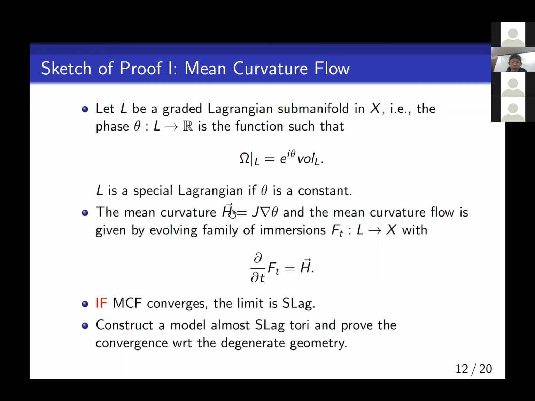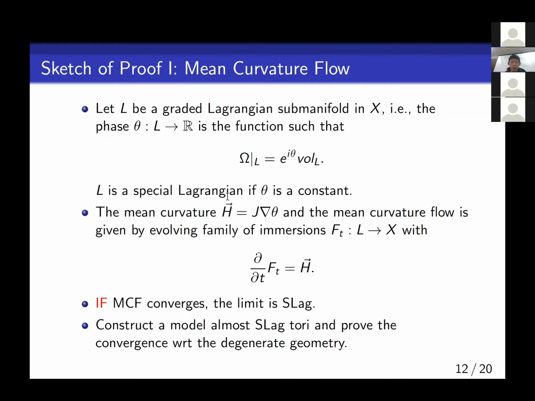And in the case that the mean curvature is 0, that means the gradient of theta is 0, and that means you end up with a special Lagrangian. So this is the hope.